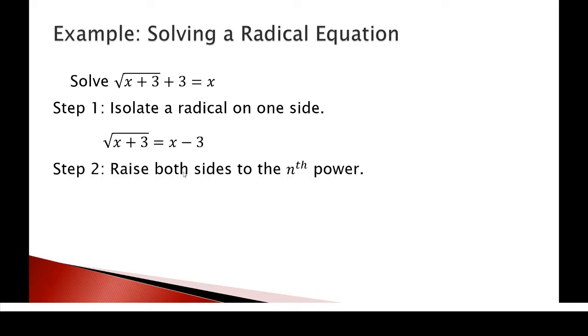Then as step 2, you can raise both sides to the nth power. Here n is equal to 2. So you can square these two terms, right? If you square these two terms, it will give x plus 3 is equal to x squared minus 6x plus 9.